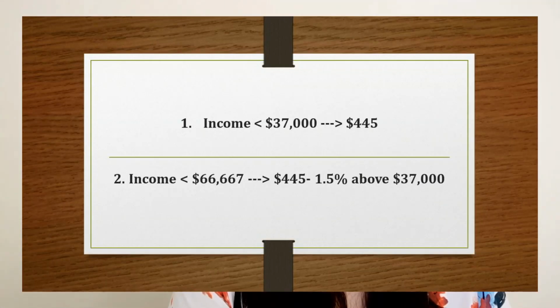The first one is if you earn up to $37,000 or less, you are allowed for the full $445 offset. The second one is if you earn between $37,000 to $66,667, then you are eligible for $445 minus 1.5% of the amount above $37,000. So just follow this calculation here.